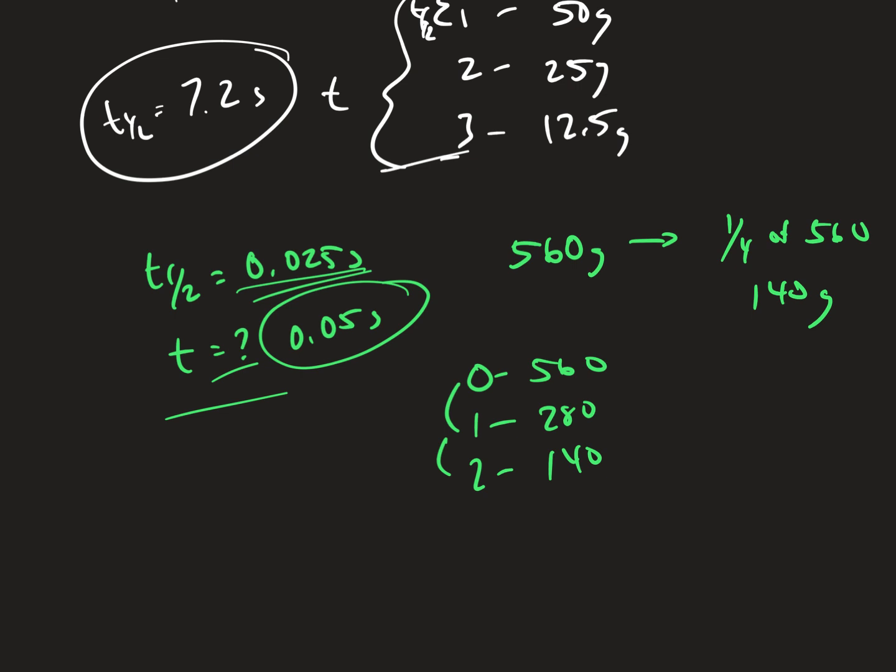I think it's just determining when I have to divide and when I have to multiply. So this is the total time, and this is just 1 half-life. So this is t, and each one of these is t 1/2.